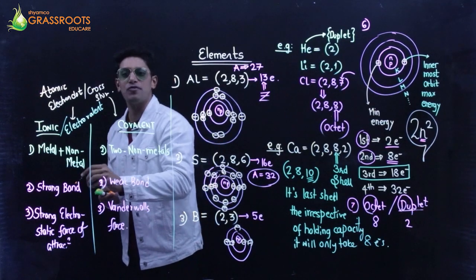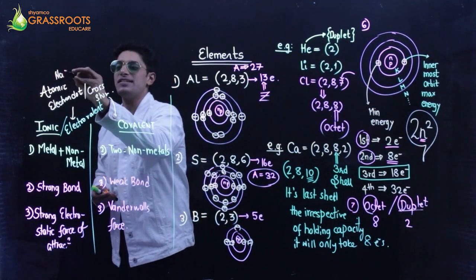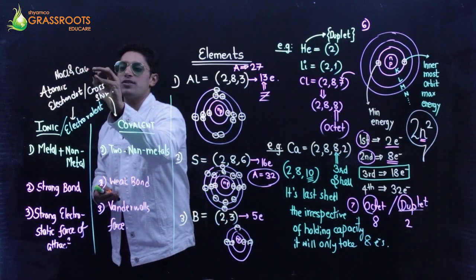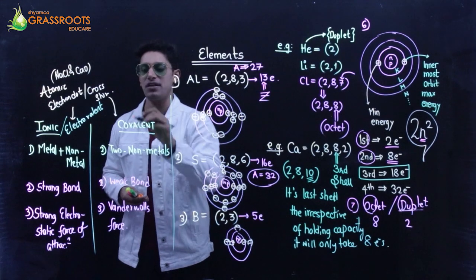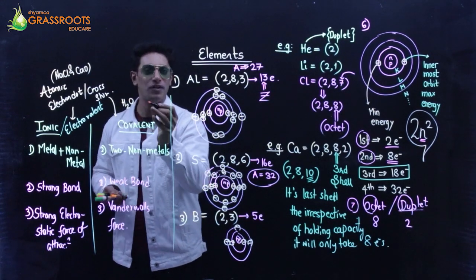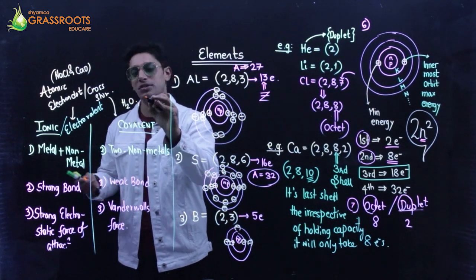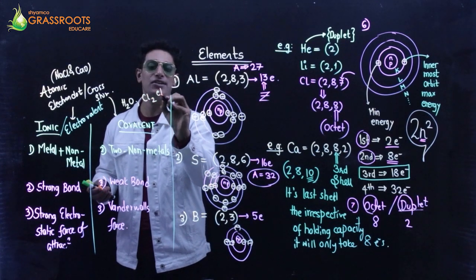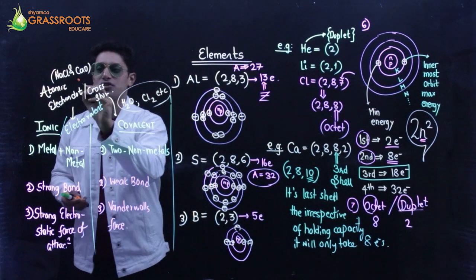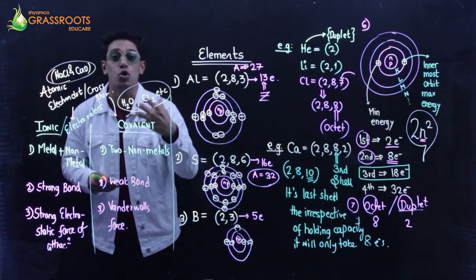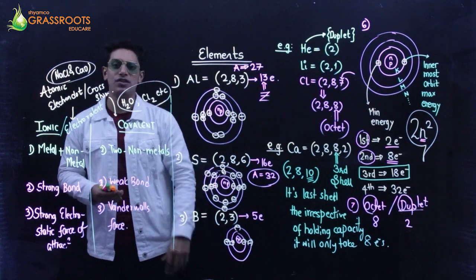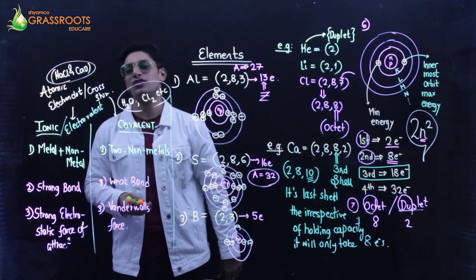Some examples of ionic bonding in our syllabus are NaCl and calcium oxide, and for covalent bonding the examples are water, sharing of electrons. You can talk about chlorine, etc. So we're going to draw four structures and understand what an atomic structure between the compound looks like, right? So go through this and we'll proceed with the last part of the chapter.